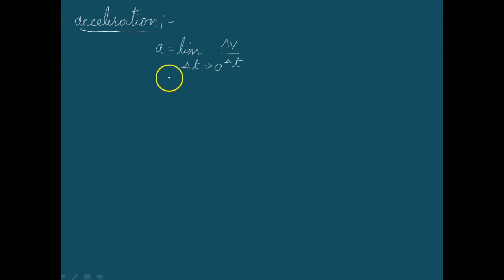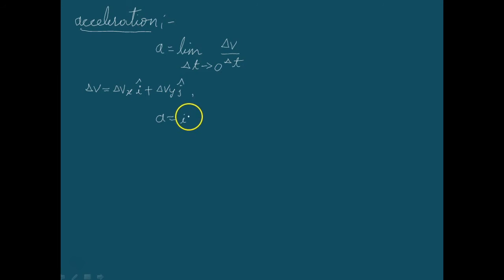Since delta v is given by delta Vx into I cap plus delta Vy into J cap, we have average acceleration A by time interval delta t. The limiting value of this gives the acceleration, that is instantaneous acceleration.